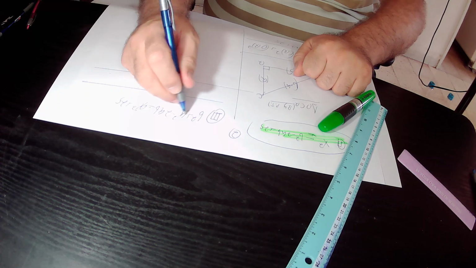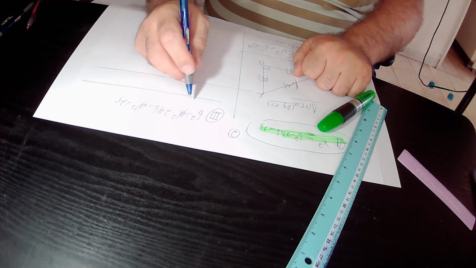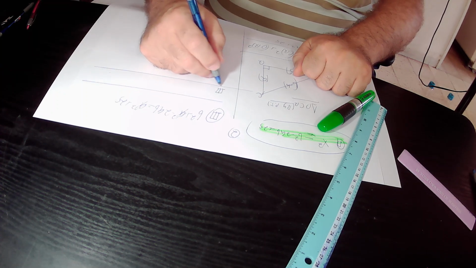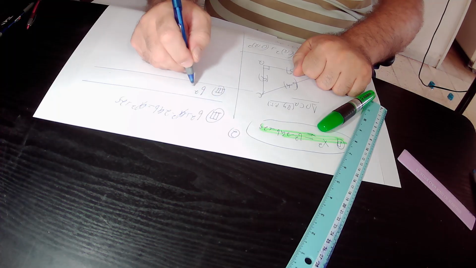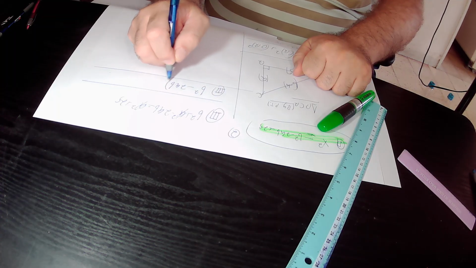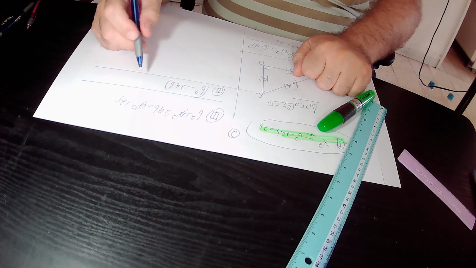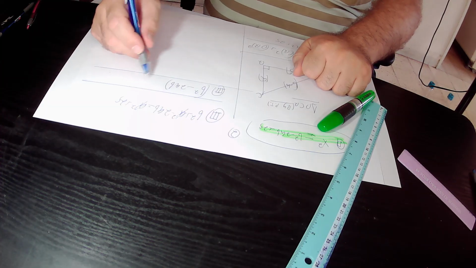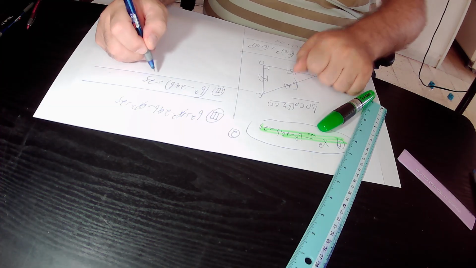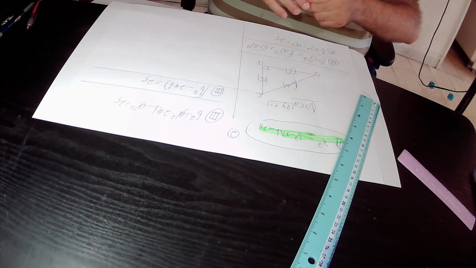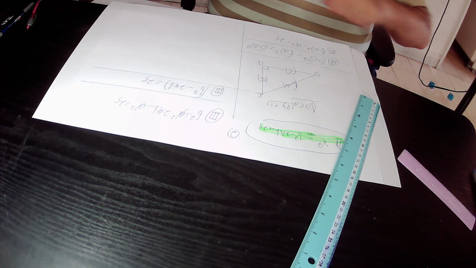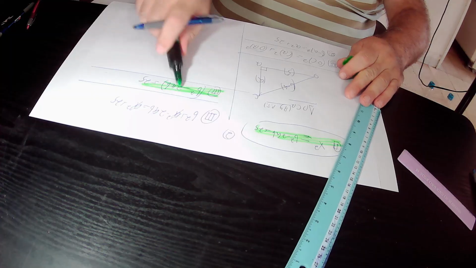After cancelling A squared, on one side of equation 3 we are left with B squared minus 2AB, and on the other side we are left only with 25. So in total, according to equation 3, we have found out that B squared minus 2AB equals 25.